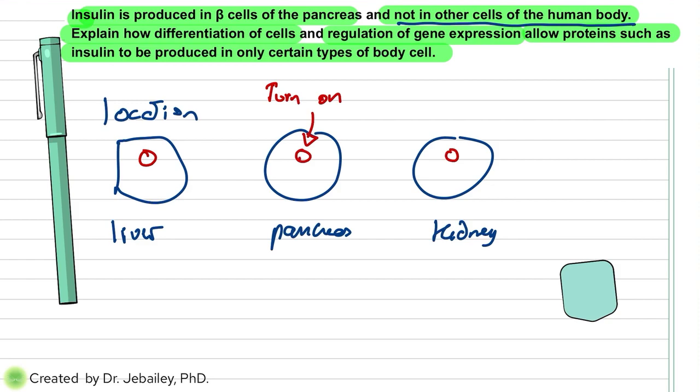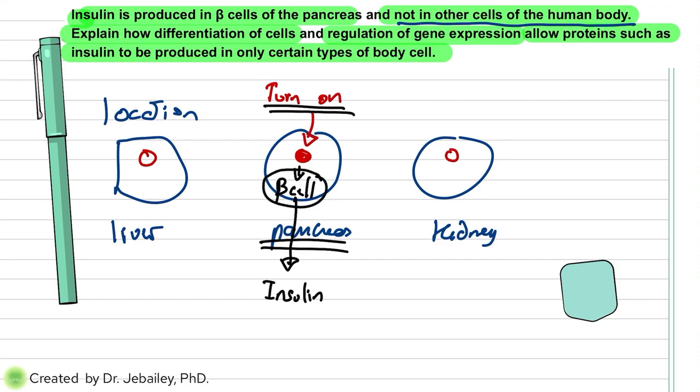And what does this gene do? It actually produces the beta cells. And what do the beta cells do? They actually produce insulin. So that means only in the location of the pancreas will the gene be turned on and produce the B cells, which eventually will create insulin.